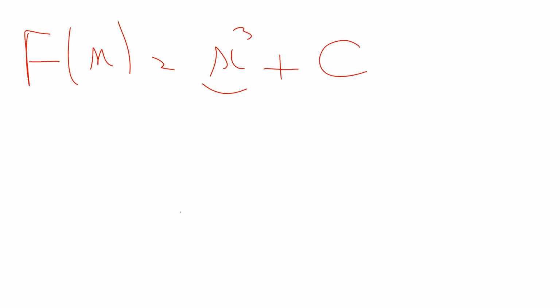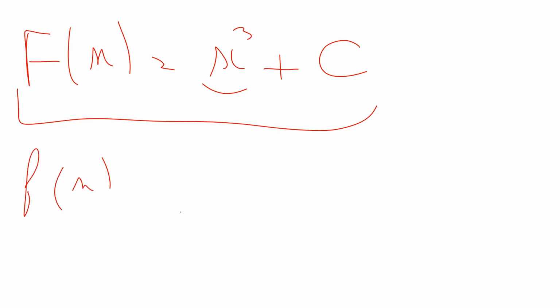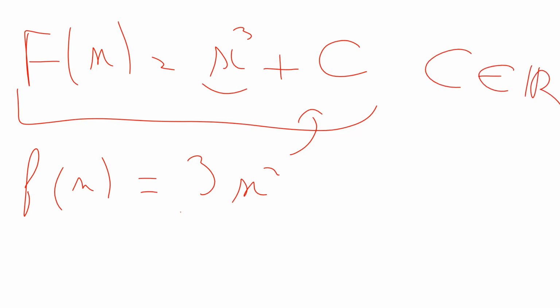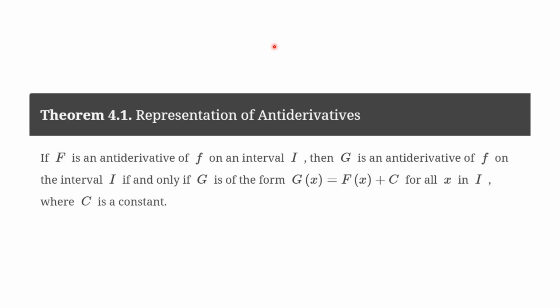So the general form for the antiderivative of, let's say, f of x equals 3x squared is x cubed plus c, which is a constant. We can say that c is in R. This is what the theorem here says.